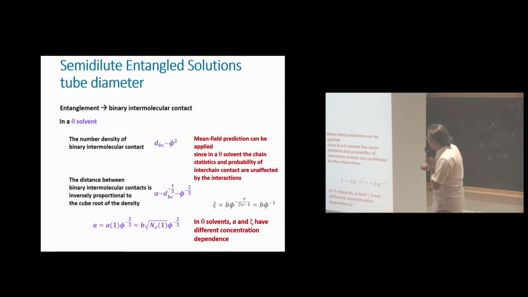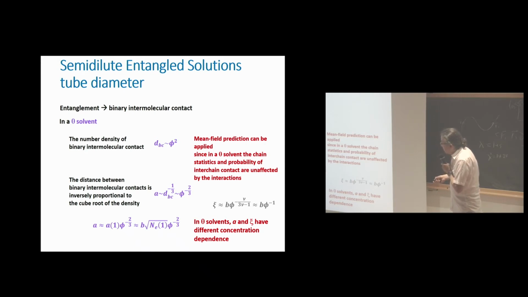In a theta solvent, in fact, mean field prediction works, because in a theta solvent the chain conformation does not change. The chain size is always the same, independent of the concentration, so we can say that the number density of binary intermolecular contact is simply phi squared. This gives a different concentration dependence from the athermal solvent case, so a is proportional to phi to the power of minus 2/3.